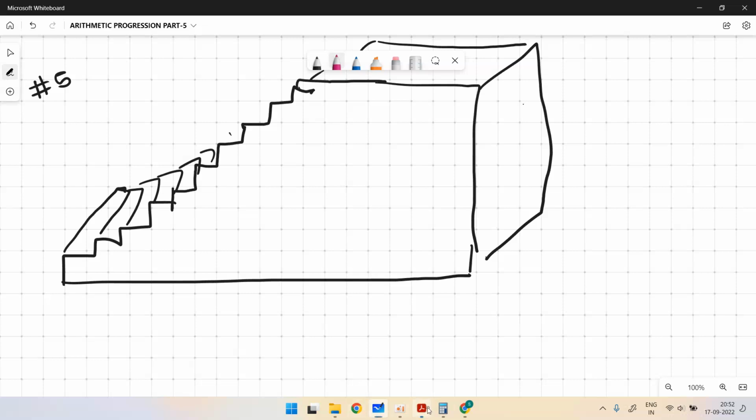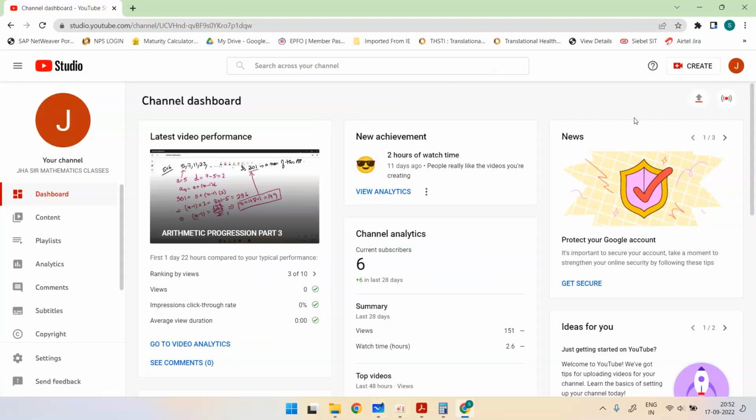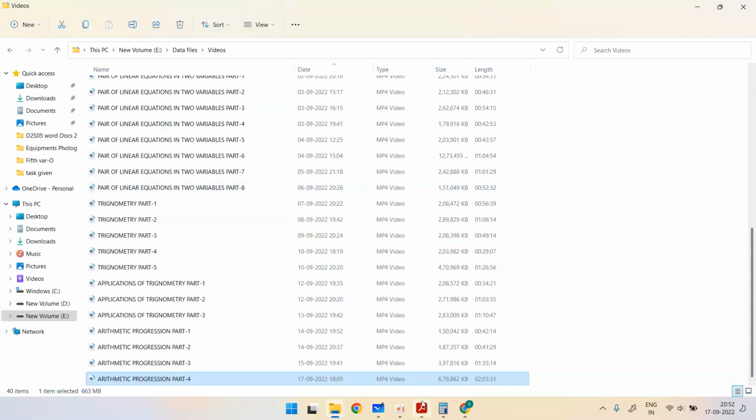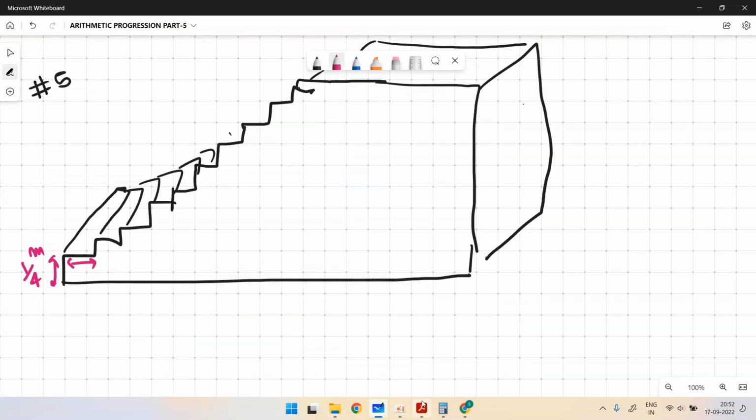It is given that this is 1 by 4 meter high, and the tread value is given to be 1 by 2 meters. And this 50 meters is given, each of these is 50 meters.